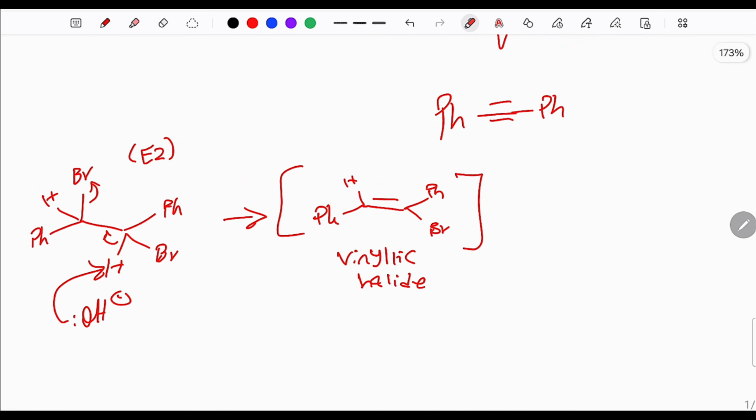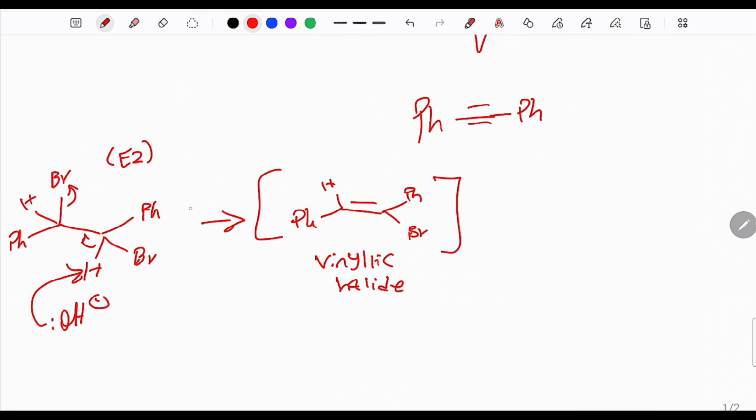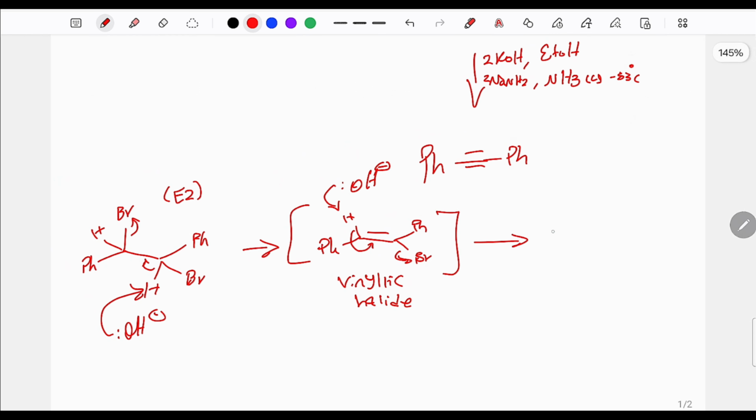So here's a vinylic halide intermediate, and then I will treat this vinylic halide intermediate with another OH minus. Guess what? I will grab this. This will come here. That will leave. And what do you know? I form my diphenylacetylene, with the byproducts being two water molecules.